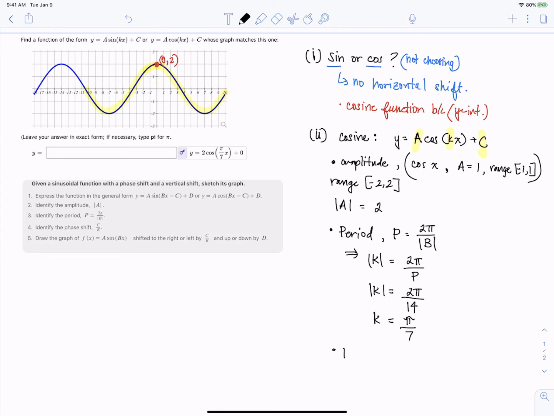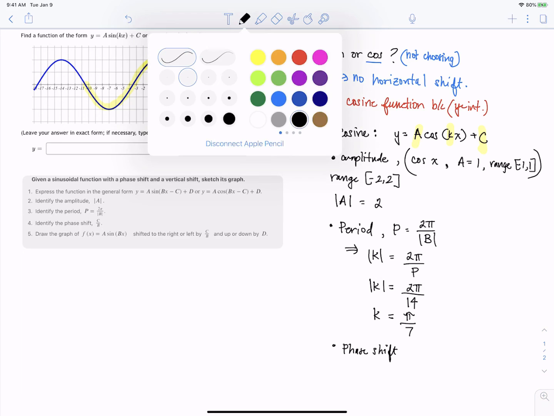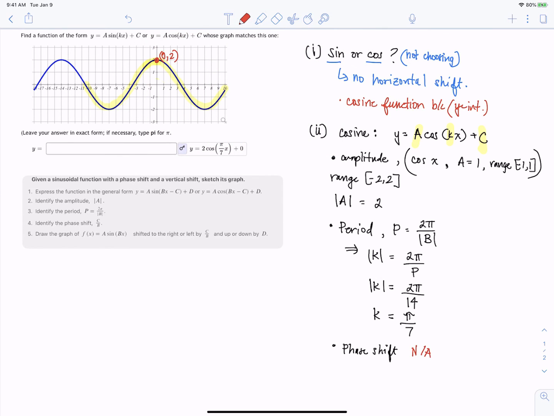The next thing would be the phase shift, and that would be the horizontal shift, but we do not have a phase shift, right? Because the problem specifically wanted us not to have a phase shift, so we don't have to worry about that. It's not applicable. As far as the vertical shift, I noticed that it's totally symmetric about the y-axis, and also there is no change in the distance between where the x-axis lies and the peaks, right?